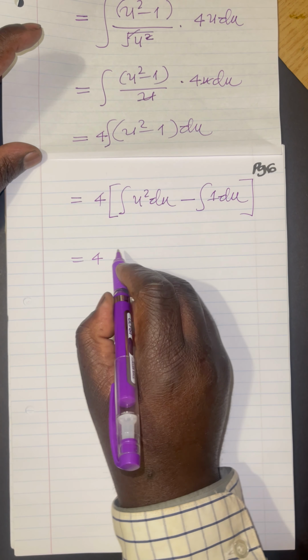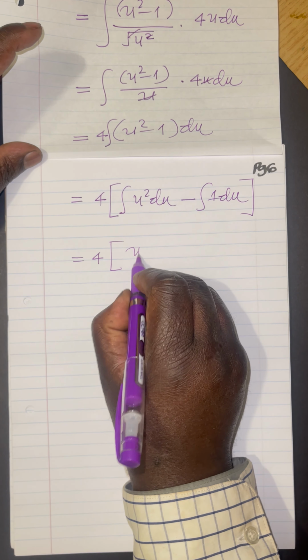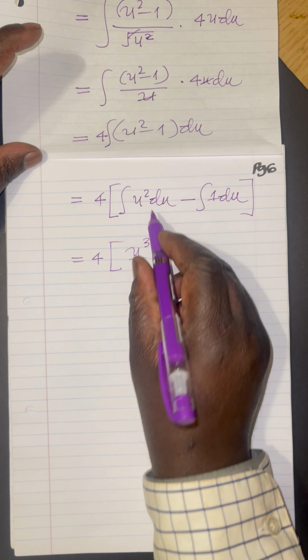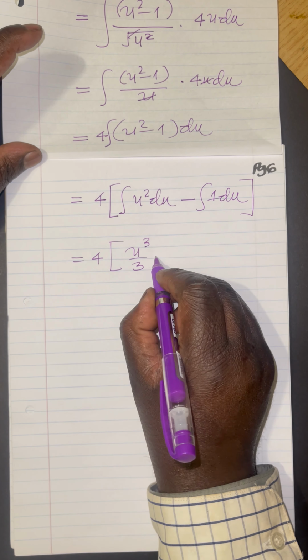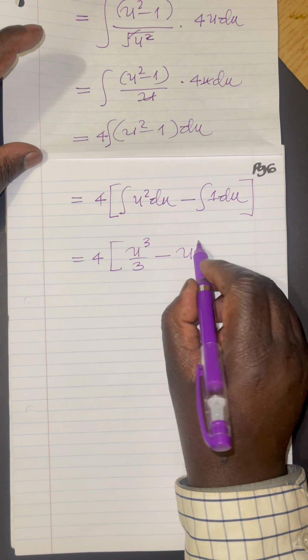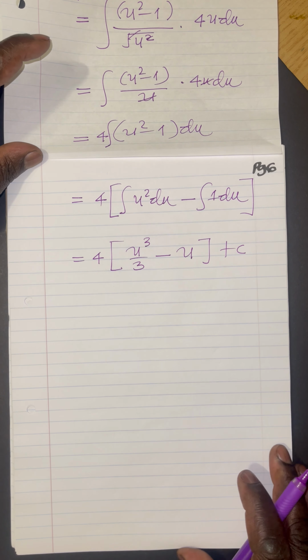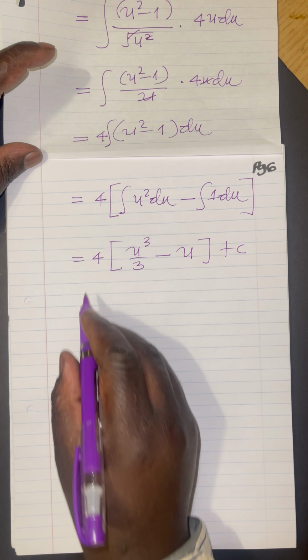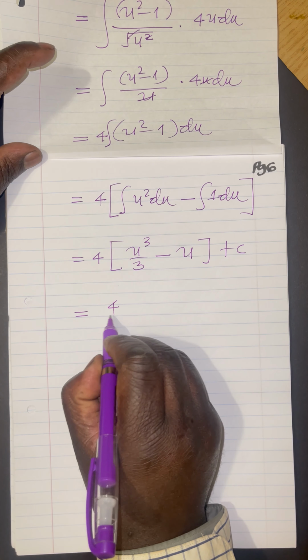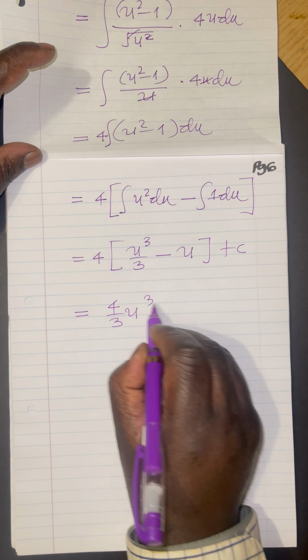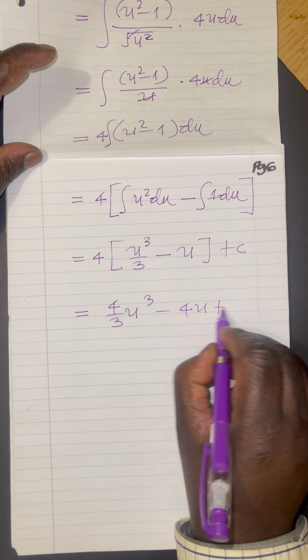We have 4 outside, and then we have u power 3 over 3. Remember, you add 1 and divide by the exponent. Minus integral of 1 with respect to u is u, and then I have to say plus c, because this is an indefinite integral. Now, distributing the 4, we have 4 over 3, u power 3 minus 4u plus c.